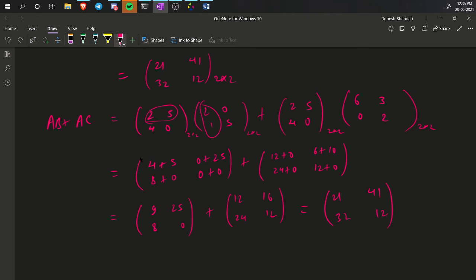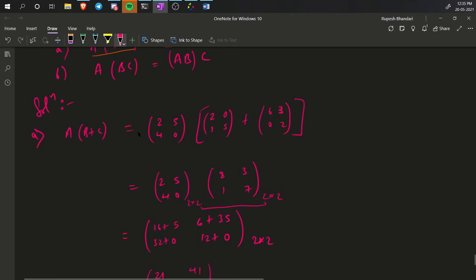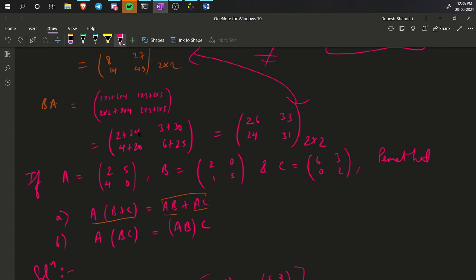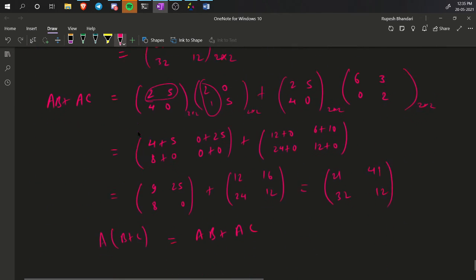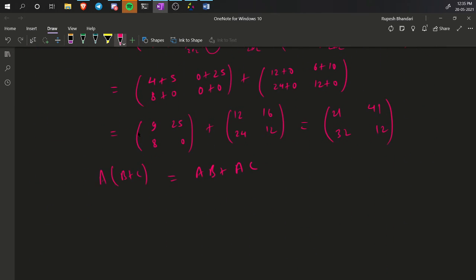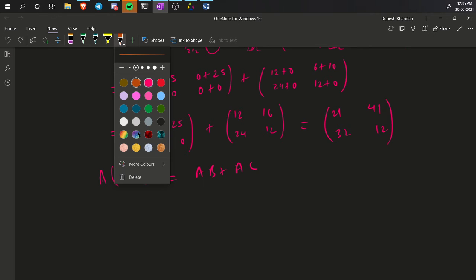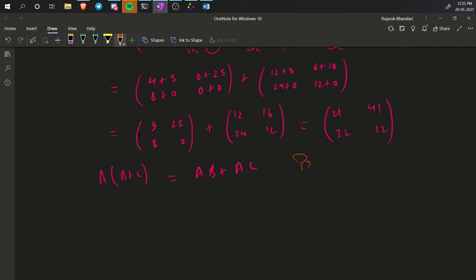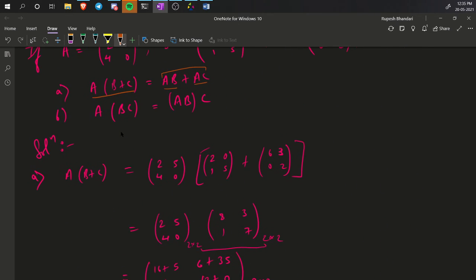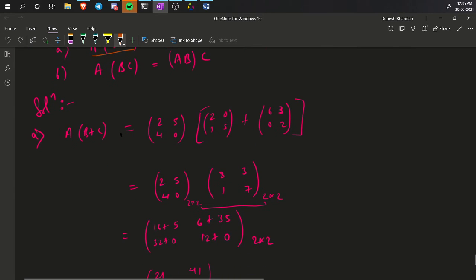So basically we have hence proved that A(B+C) equals AB plus AC. Okay, we have basically proved it.